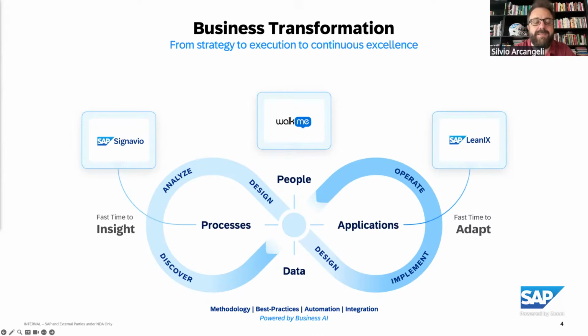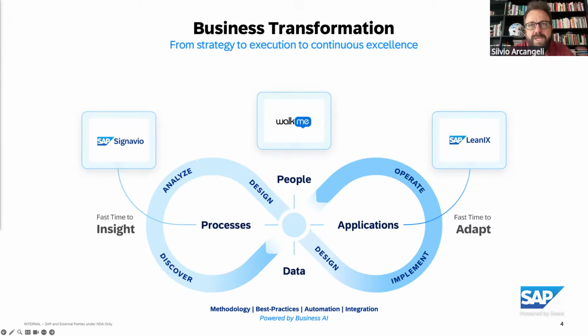So many times in IT, we tend to forget the importance of people and the human factor in driving projects and impactful transformation. Signavio, in particular, connects processes with data and people. Jointly with LeanIX, we have also the application perspective in the mix.